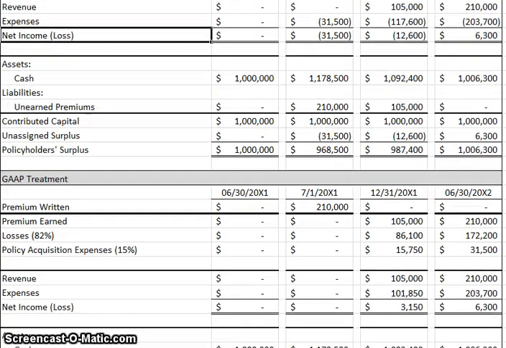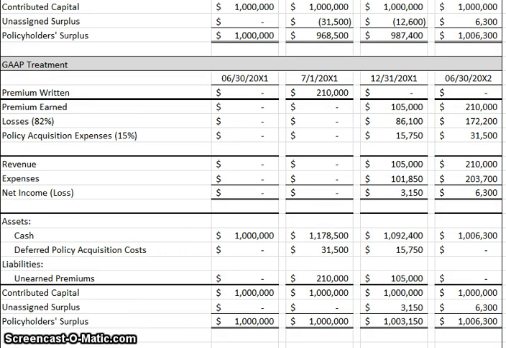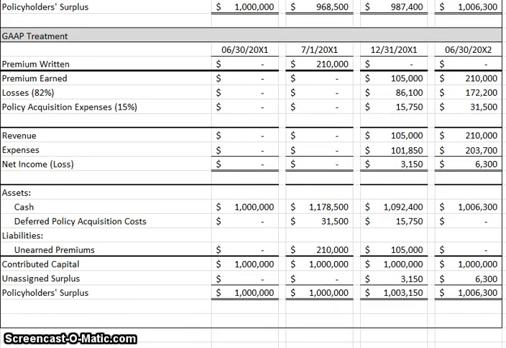Under GAAP, however, let's look at how that same sale and same expenses would be treated. Under GAAP, you create an asset called deferred policy acquisition cost for that 15%, or $31,500. So the same acquisition expenses, except now it's put into an asset account instead of immediately expensed.